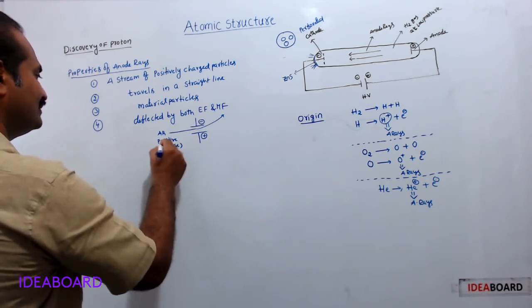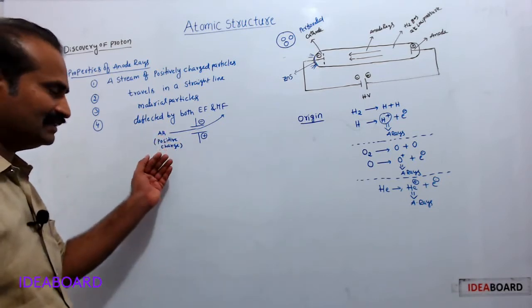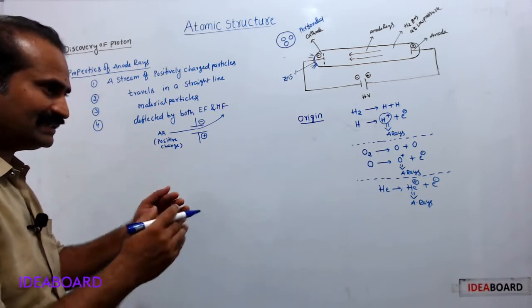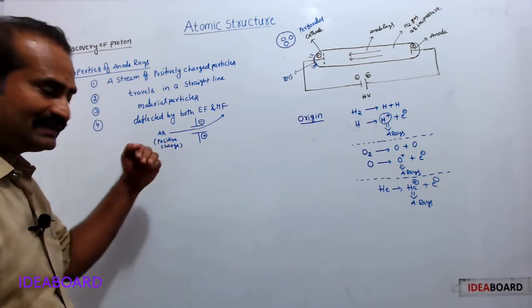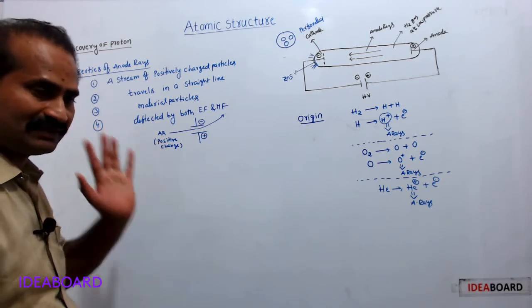From this observation, it is clear that anode rays carry positive charge.